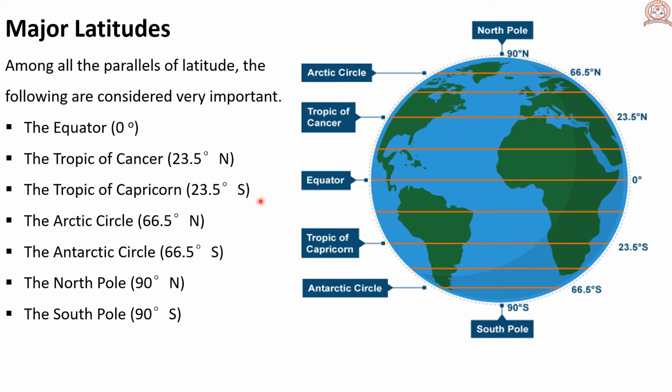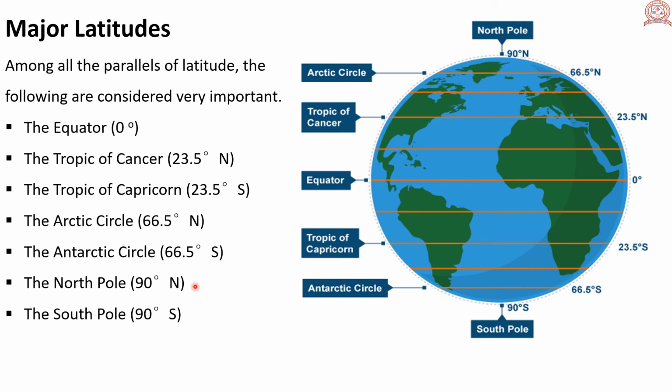The Tropic of Capricorn, 23.5 degrees south. 23.5 degrees south latitude is known as the Tropic of Capricorn. The Arctic Circle, 66.5 degree N. 66.5 degree north latitude is known as the Arctic Circle. The Antarctic Circle, 66.5 degrees south. 66.5 degrees south latitude is known as the Antarctic Circle.